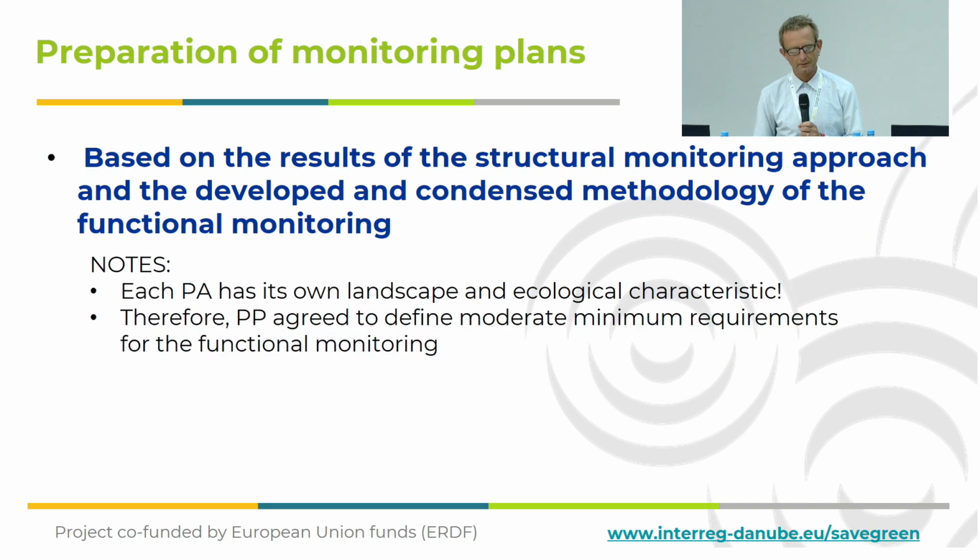We did the preparation of monitoring plans, and based on the results of the structural monitoring approach and the developed consensus methodology of the functional monitoring, we take the decision. Each pilot area in SaveGREEN has very different landscape and ecological characteristics, and therefore we agreed to define moderate minimum requirements for the functional monitoring.